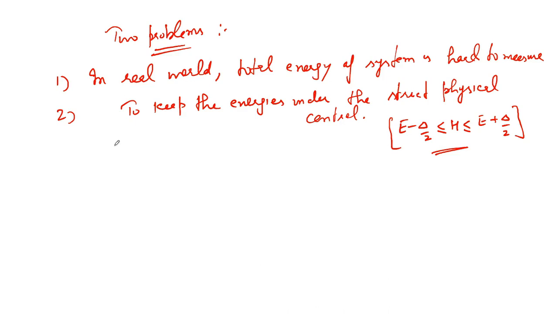So a far better alternative is to measure the temperature of the system, which is not only a direct observable but also controllable. So it is easy to observe the temperature and easy to control. So it can be easily measured. How can we easily measure it?